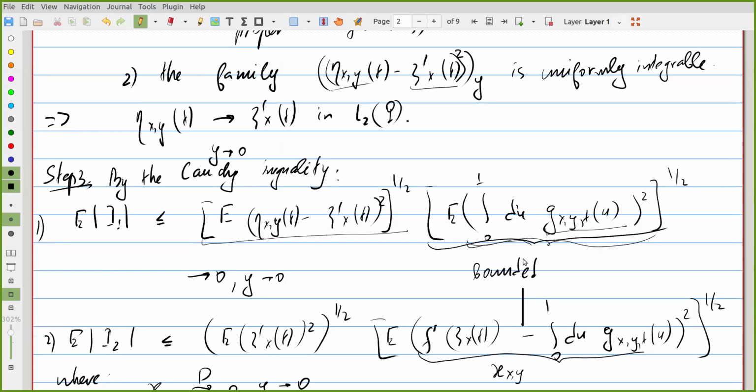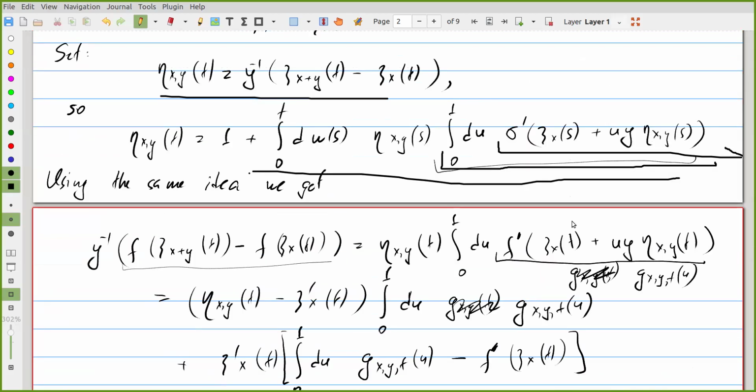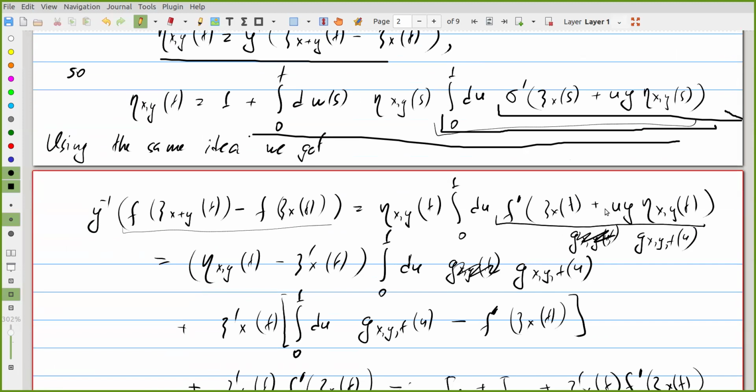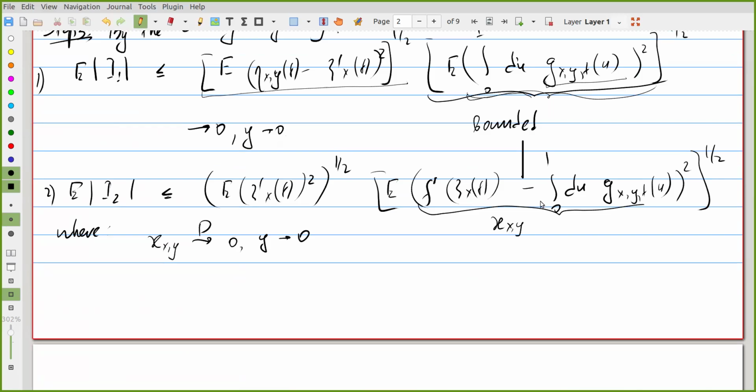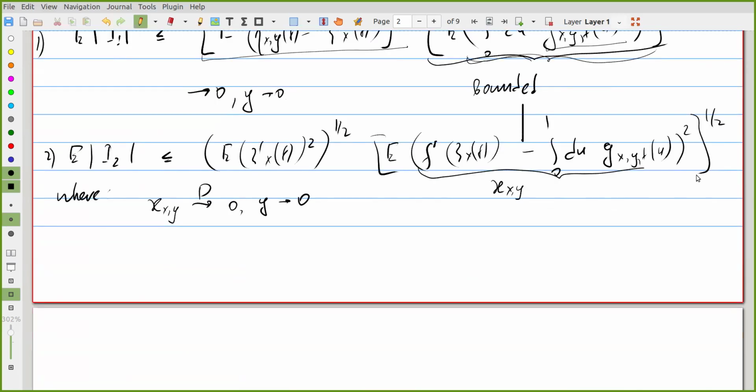Why? Because this f prime is continuous, so one could use the Lebesgue dominated convergence theorem to prove that this happens almost surely, or in probability.